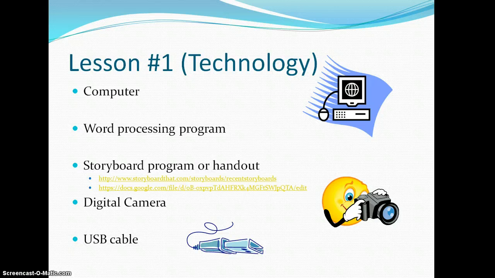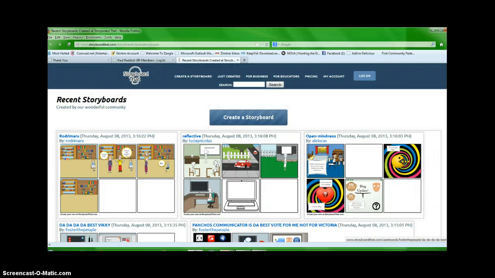The technology that is used for lesson number 1 would be a computer and a word processing program. There will be either a storyboard program that the computers will have or a storyboard handout, and I have 2 websites that will show the storyboard programs.